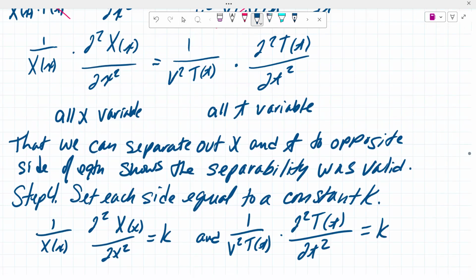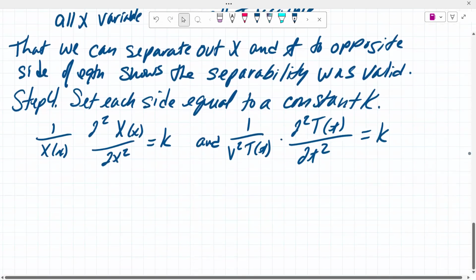And those k's have to be the same number, otherwise it wouldn't make sense. All right.